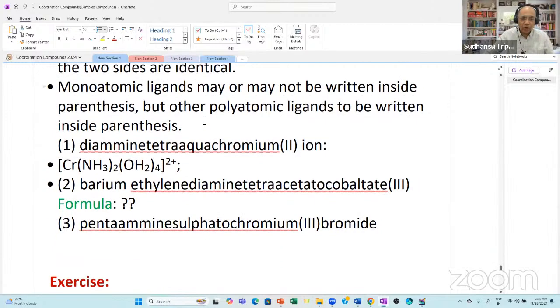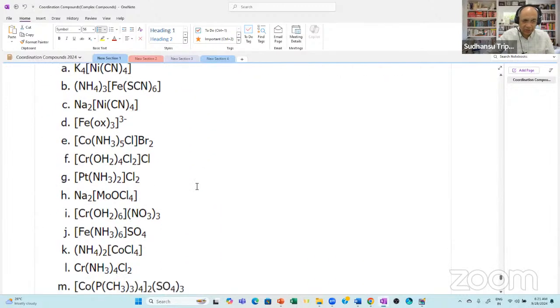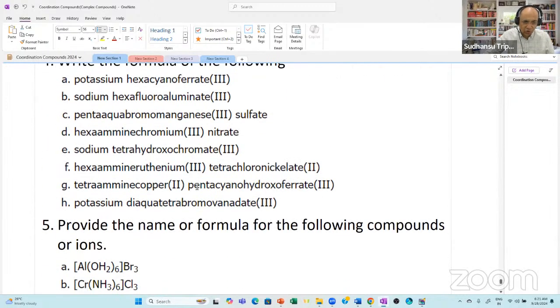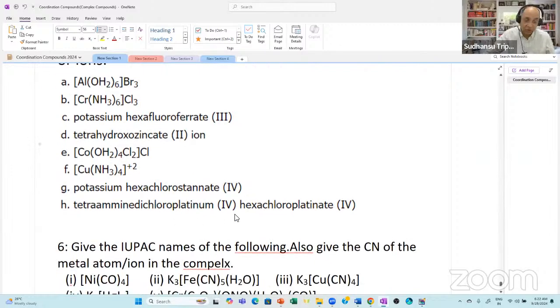I will tell you. Monoatomic ligands may not be given a parenthesis, but polyatomic ligands should be put inside a parenthesis. So you do this, do this, do this, so many. Here only ions, molecules are given together. So if you are asked to write the formula of the ion whose name is given, or the name from the formula of the ion given, you can do that.